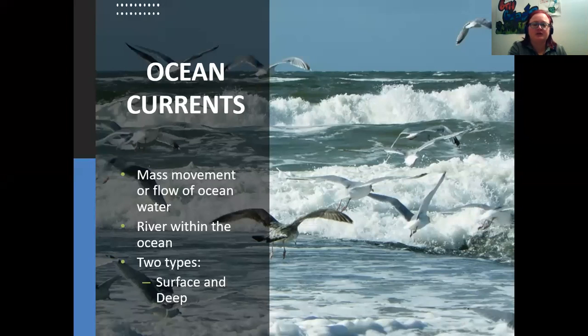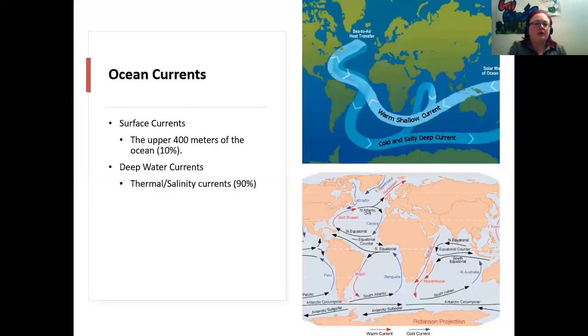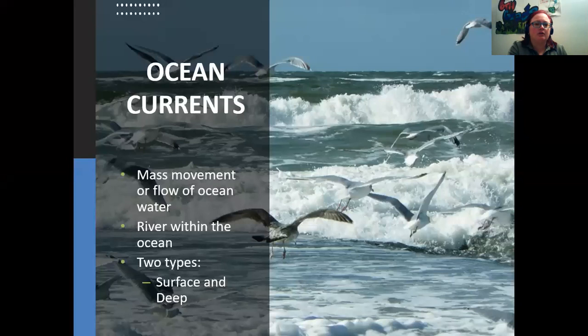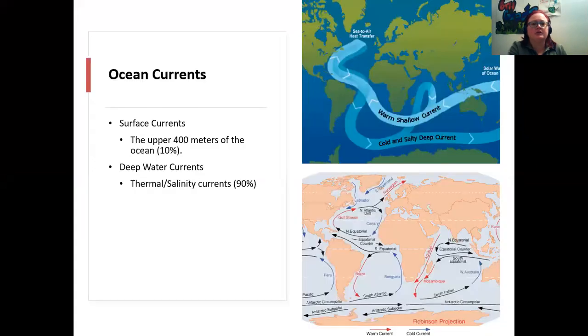So there are surface currents and deep currents. Surface currents are the upper 400 meters of the ocean, which is only about 10% of the ocean. And then the deep currents are thermal and salinity currents, and that's about 90% of the ocean.